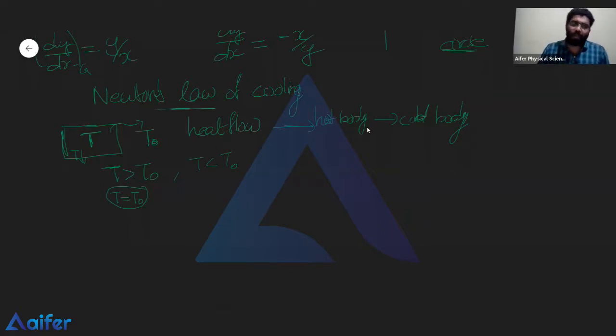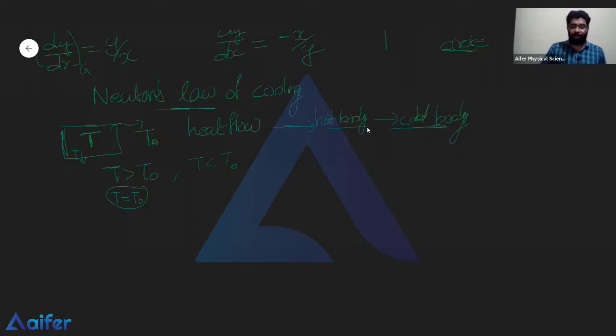So the reverse also happens, which also depends on the temperature. Depending upon the temperature of the body and the surrounding, heat can flow from body to surrounding or vice versa. Heat always flows from hot body to cold body.